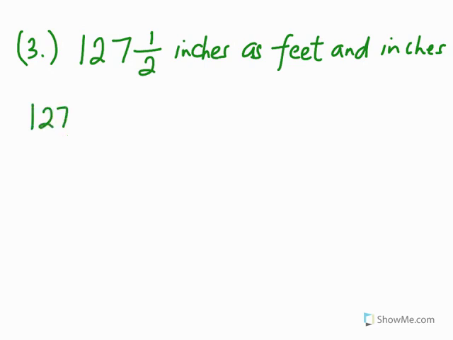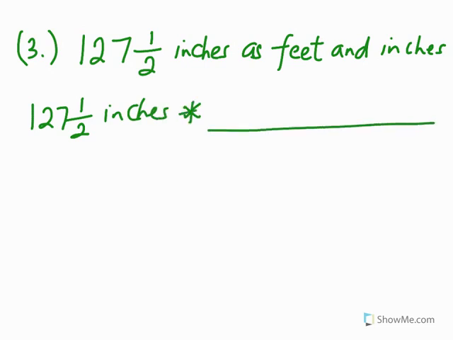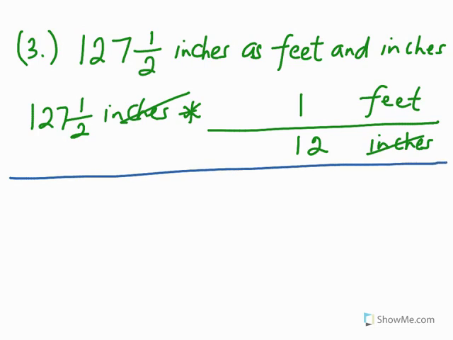We have 127 and 1/2 inches times, we have inches here and we have feet here. And we know that 12 inches make 1 foot. Inches will cross out inches. So we've got to divide now, right?